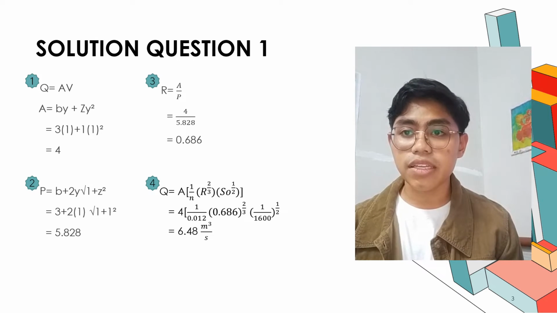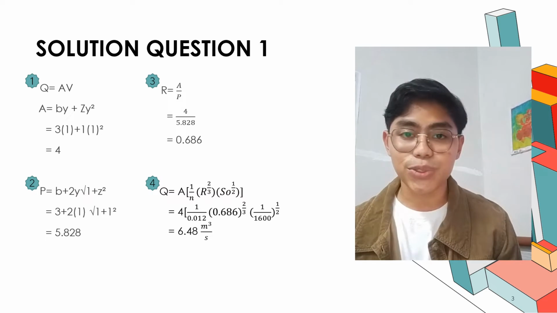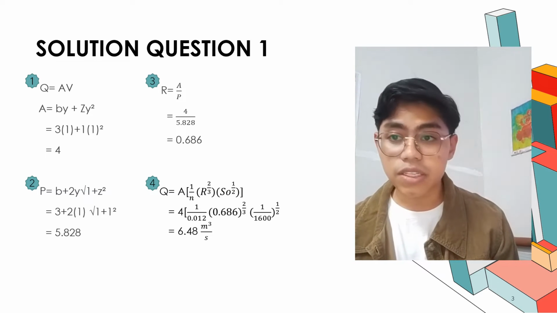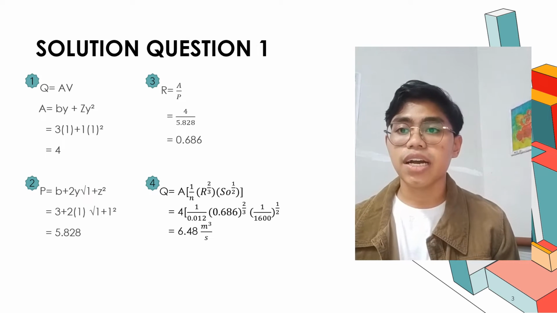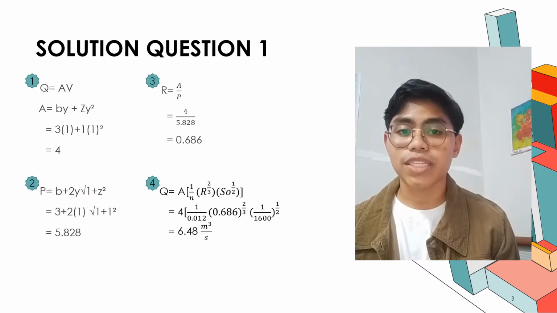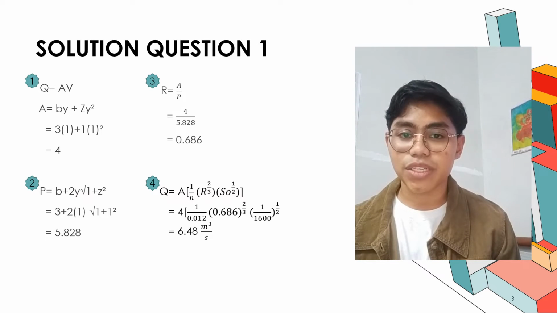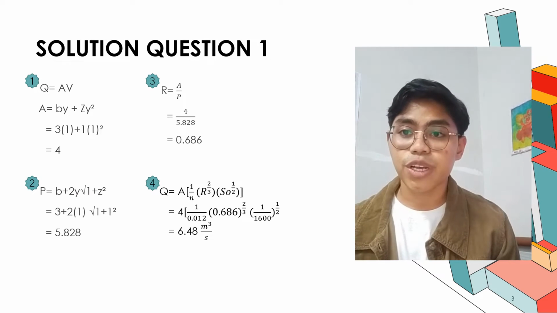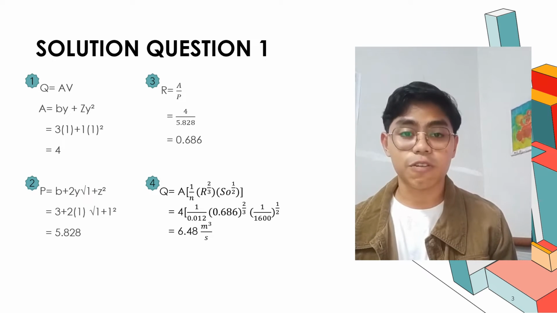So A equal to By plus Zy squared. Based on data given, we can conclude that 3 times 1 plus 1 times 1 power of 2. So we can get the answer of 4.